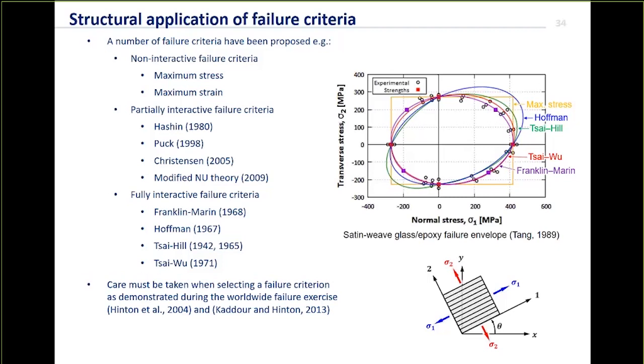So for instance, in UD materials, laminae that have some transverse load may crack at quite low levels without significantly weakening the structure. They just shed a little bit of load to the layers that are loaded in a strong direction. So if you're using these kind of criteria, you need to apply some common sense and maybe use a partially interactive criterion that allows you to distinguish between matrix and fibre failure.